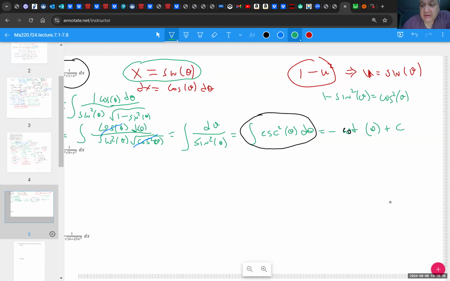And once again, my recommendation is just to make a triangle. So x equals sine theta. We're going to make our little triangle with our central angle of theta. We have the opposite, or the y, and the adjacent, and the hypotenuse, or the c.